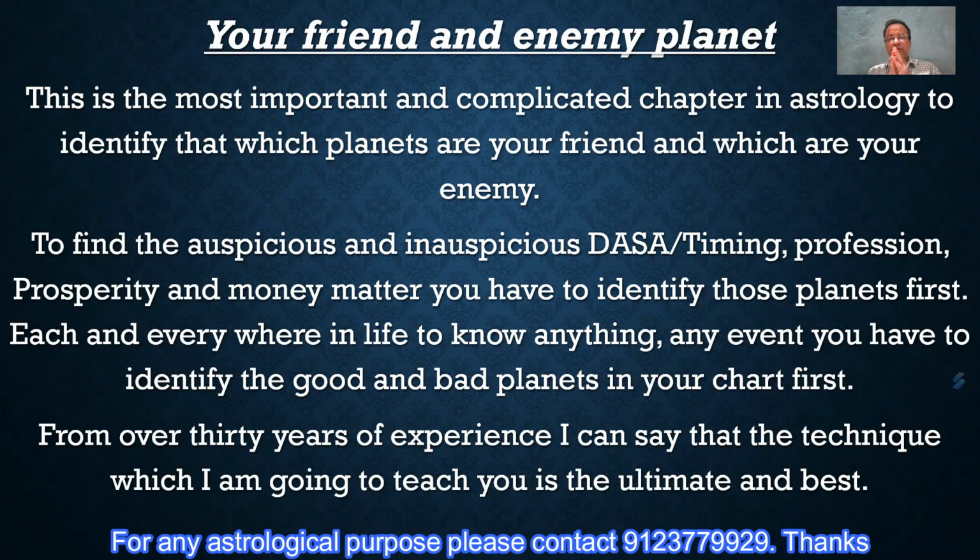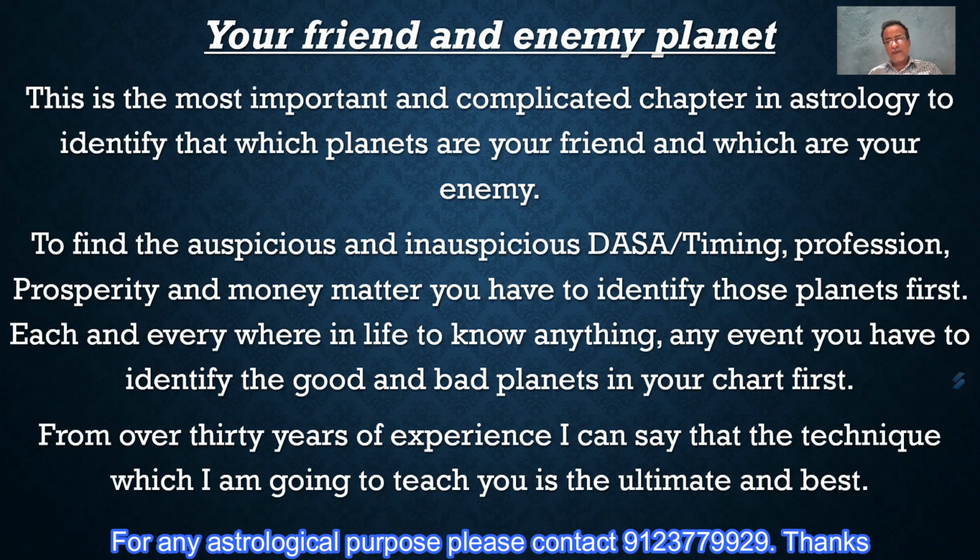Namaste friends. Today's lesson is how to identify your friend and enemy planet in your chart. This is the most important and complicated chapter in astrology to identify which planets are your friend and which are your enemy.